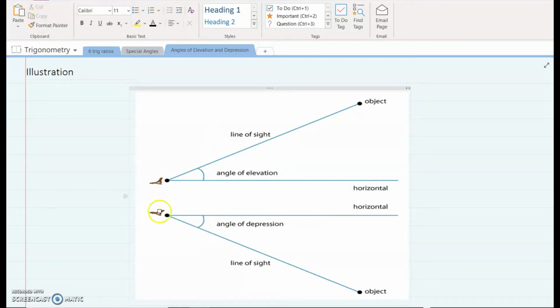On the other hand, if this is the observer, this is the horizontal line of sight, this is the line of sight, and the object being observed, thus it will be angle of depression. So there you can see the difference between angle of elevation and depression by the position of the observer and the object where it is located.